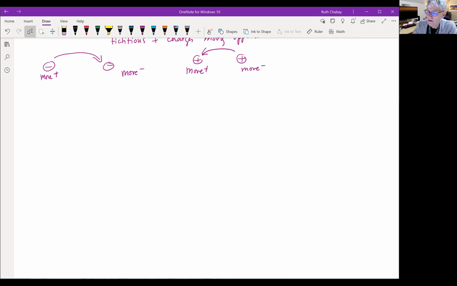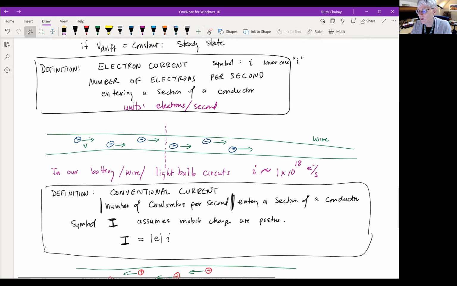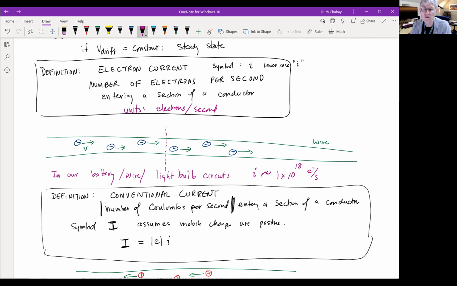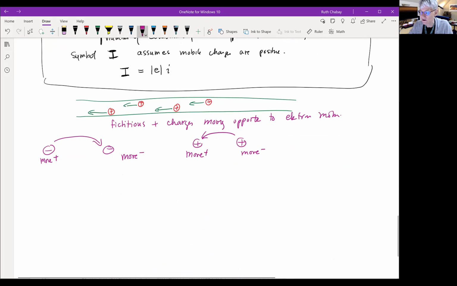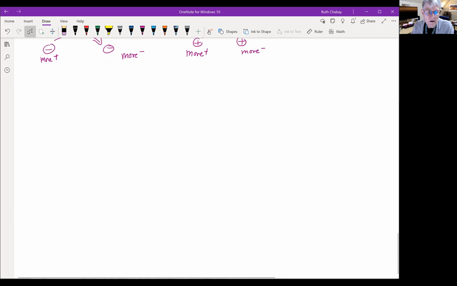So basically, the second part of our task is this: if we can predict the magnetic field due to a single electron moving along a wire, then we should be able to predict the magnetic field due to all the electrons moving in a wire if we can just figure out how many moving electrons there are. So here's the basic issue.